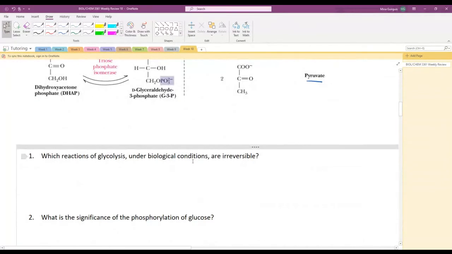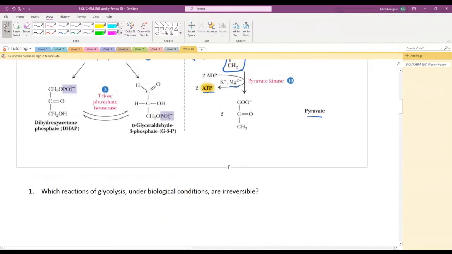So which reactions are irreversible? In other words, I don't want to give a number because I'm not actually certain what the number is. It changes depending on the situation. But if you have a delta G value that's relatively close to 0, either positive or negative, that reaction can be reversible.